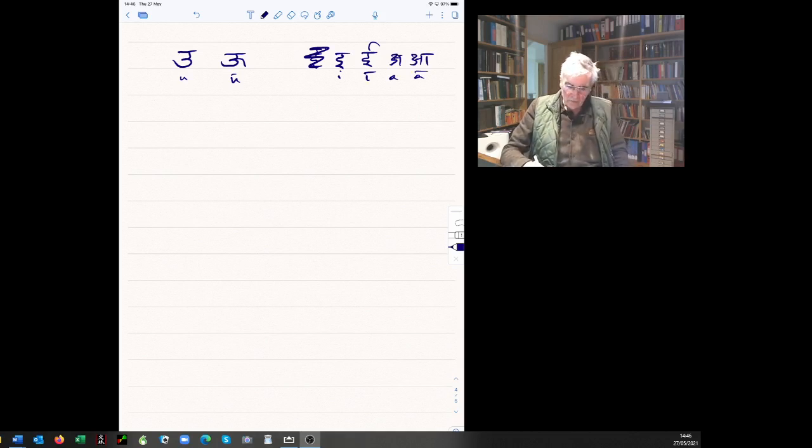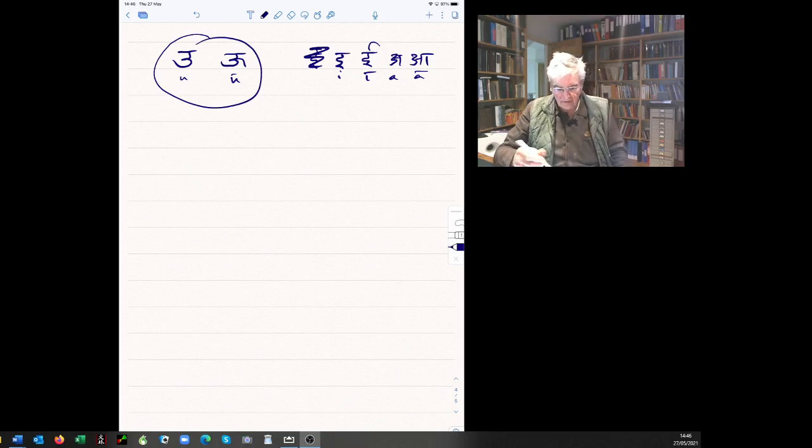So U and U. The way I've done it here is how these vowels are written when appearing at the beginning of a sentence or a word group. When they're joined to a consonant, as with all of the other vowels, they're shortened to just an attached sign.